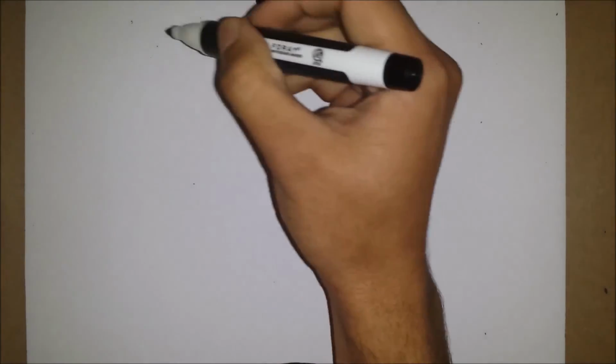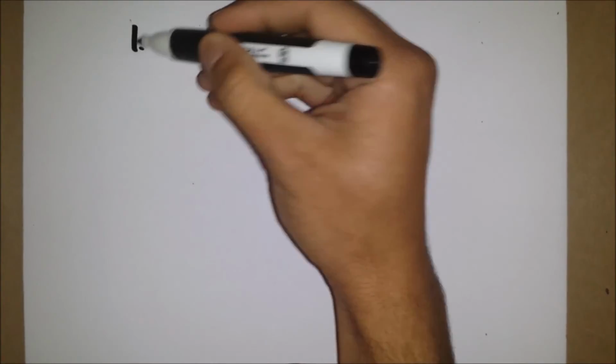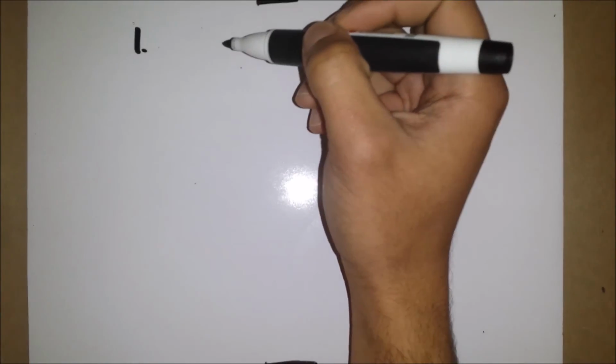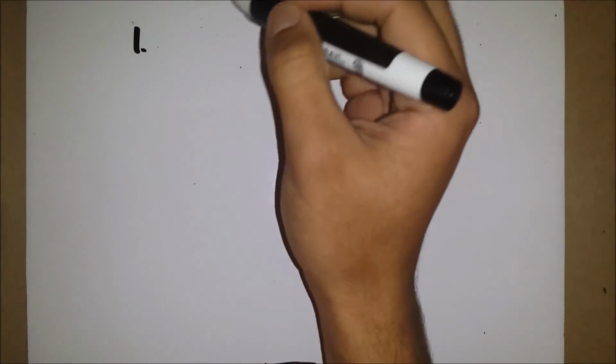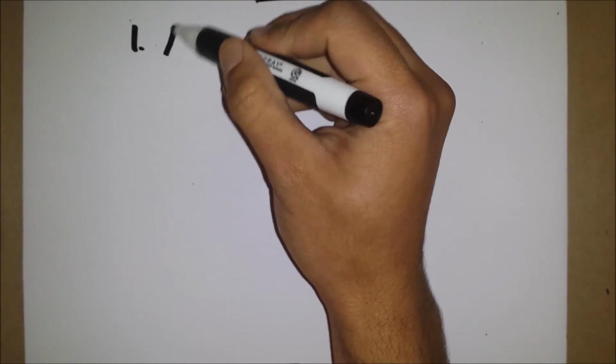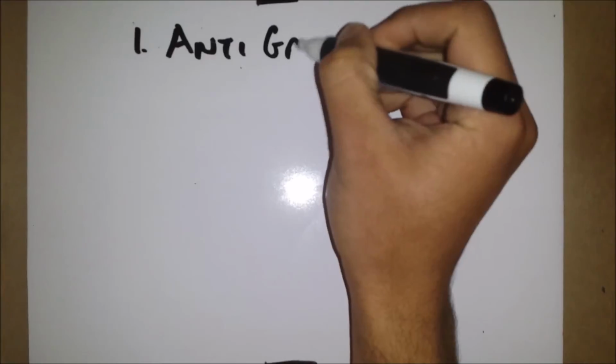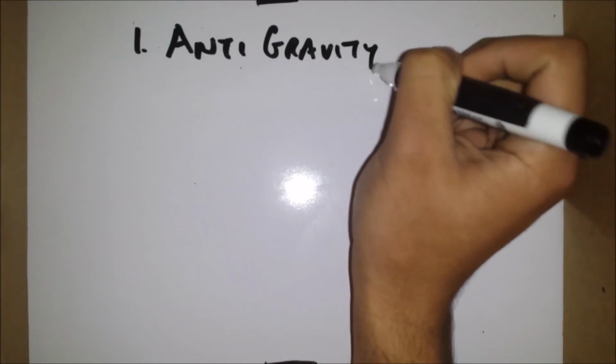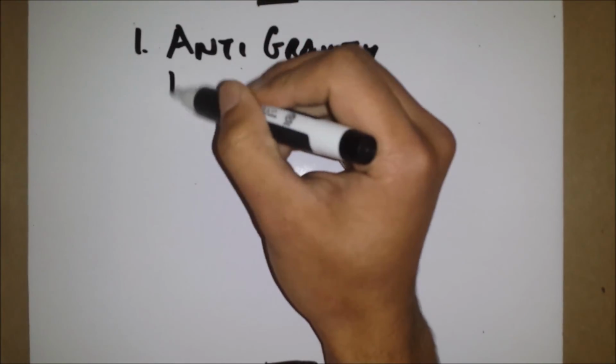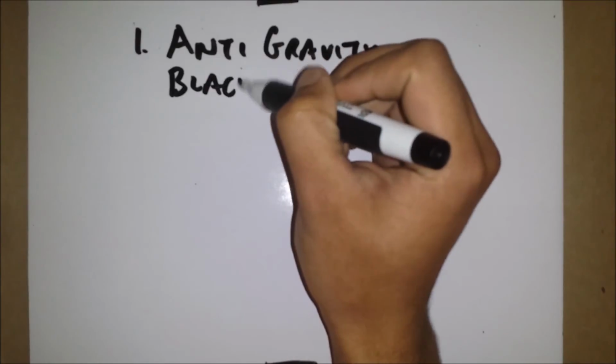So how would this be helpful? Okay, so I guess the first dimension we'll start off with will help us explain or discover things related to anti-gravity and black holes.